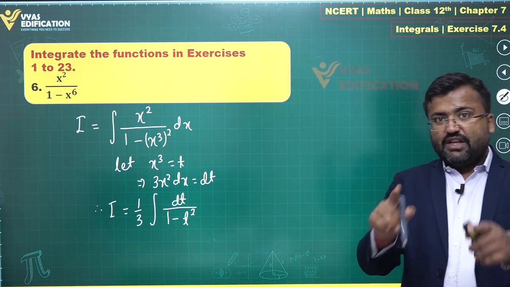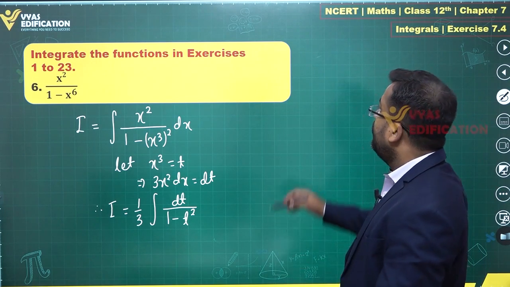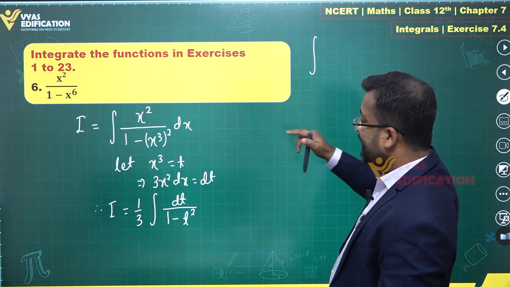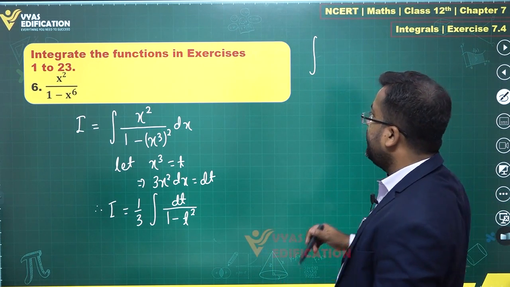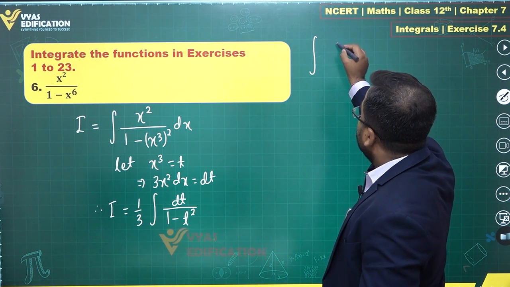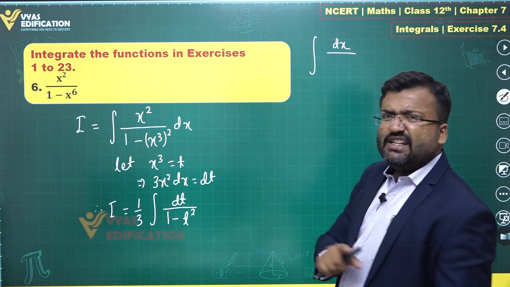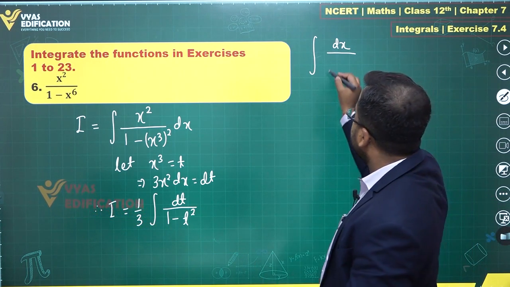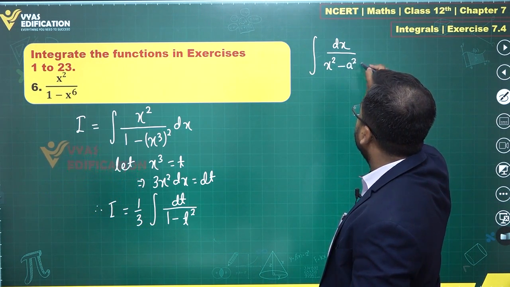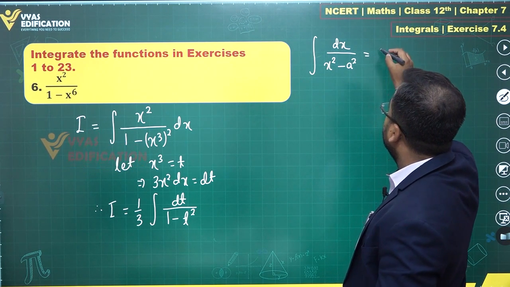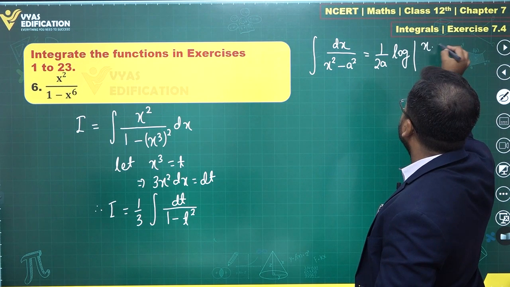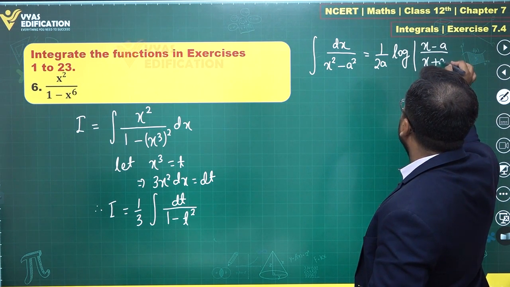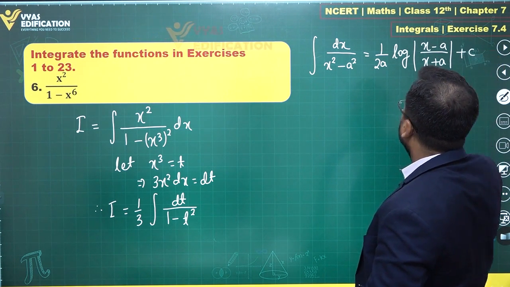Now comes once again another formula. If you have 1 upon quadratic in the denominator, so dx upon, we have already seen x square plus a square. There are two more results. x square minus a square is equal to what? This is 1 upon 2a log modulus x minus a upon x plus a plus constant.